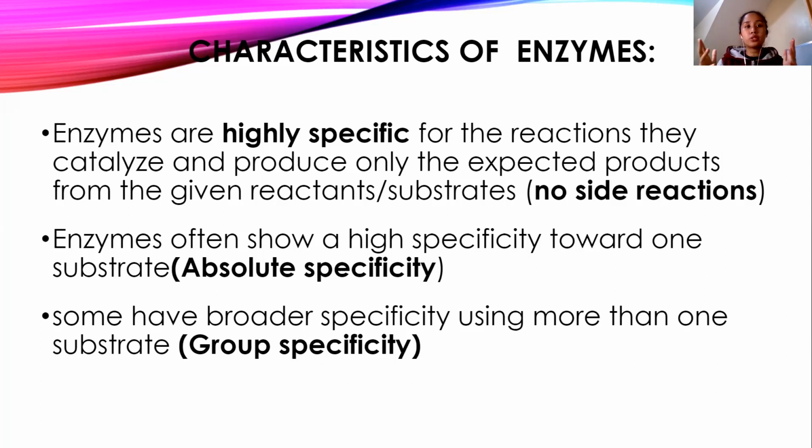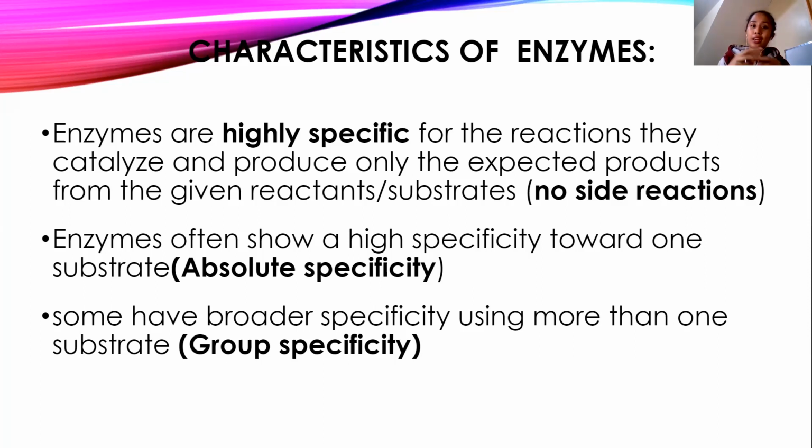Class, according to Bishop, meron siyang mga term. Absolute specificity. May enzymes daw that have absolute specificity, wherein they have high specificity toward only one substrate. One lang yung substrate niya. We call it absolute specificity. But some enzymes have broader specificity towards a substrate.